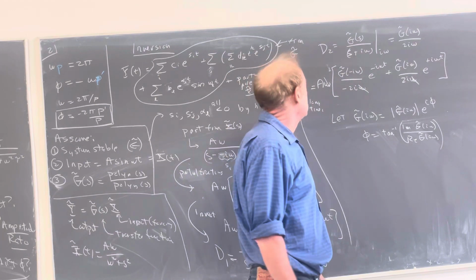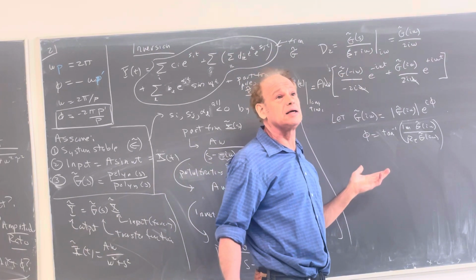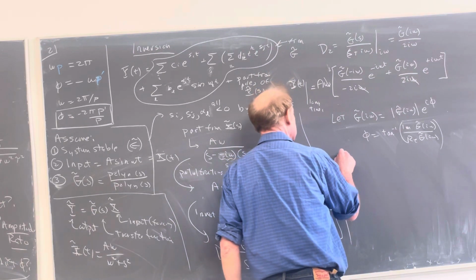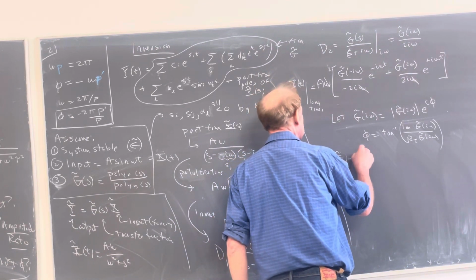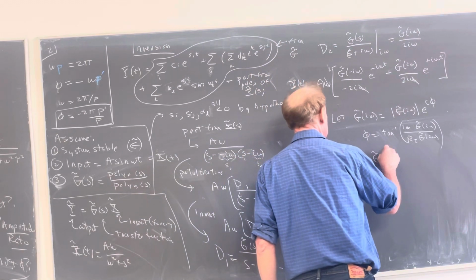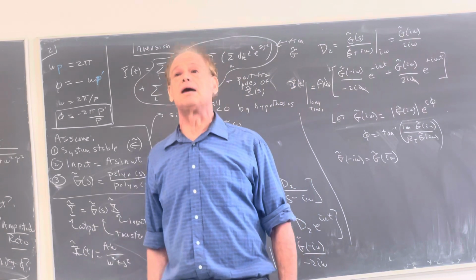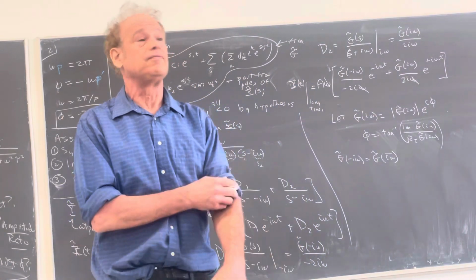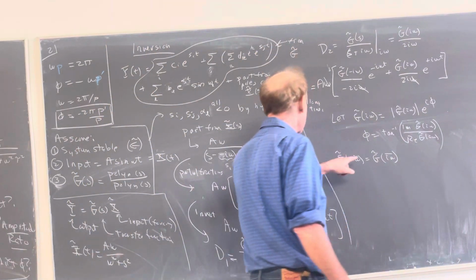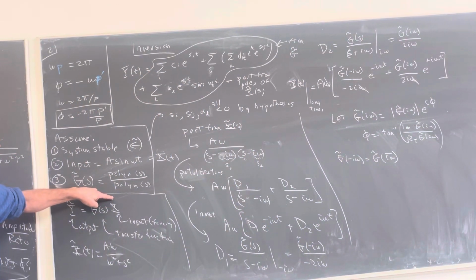Okay, and notice here I have a g tilde of minus i omega. I need to figure out what that is. So g tilde of minus i omega, that's g tilde of i omega complex conjugate, because minus i omega is the complex conjugate of plus i omega. And by hypothesis, G tilde is the ratio of polynomials.